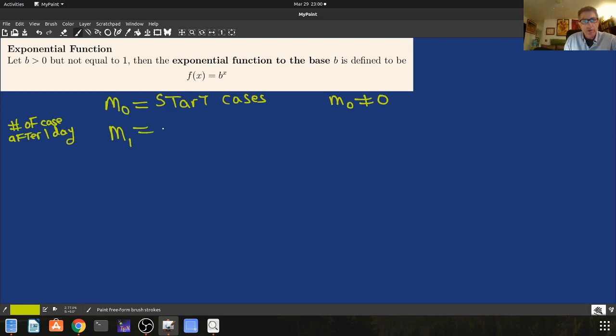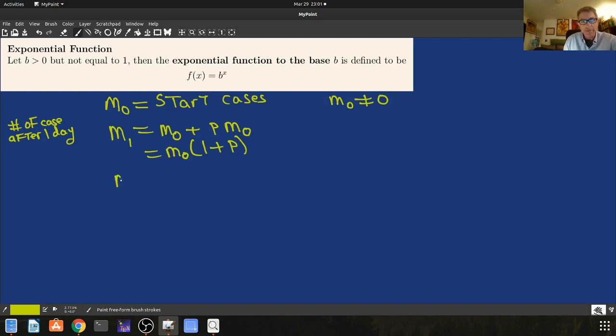So that's going to equal the number of start cases, which is m naught, plus some percentage of increase times m naught. I'm going to pull out and simplify this. That's equal to m naught times 1 plus p. So that's how many cases we have after 1 day when the rate of increase is p.